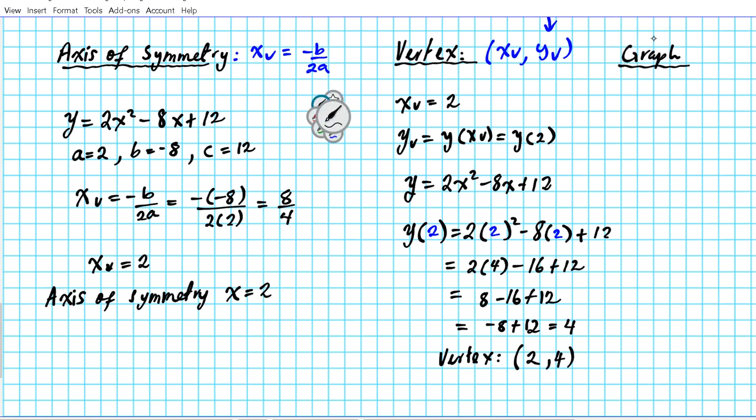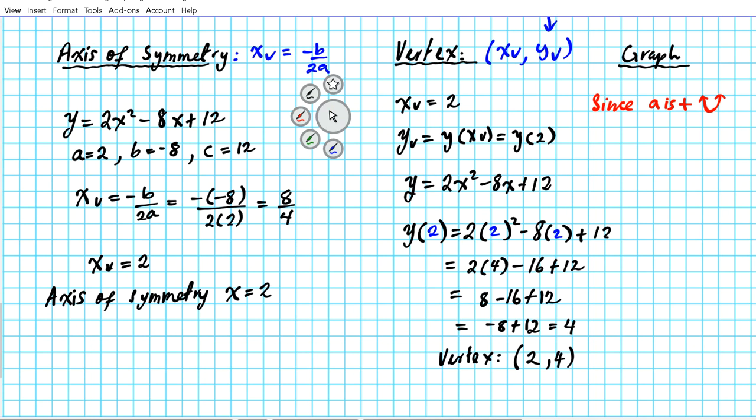In order to graph the parabola, the graph of the quadratic function, we need to know if it opens up or down. A is what? A is 2. Since a is positive, guess what? It's a happy situation. The parabola opens up.